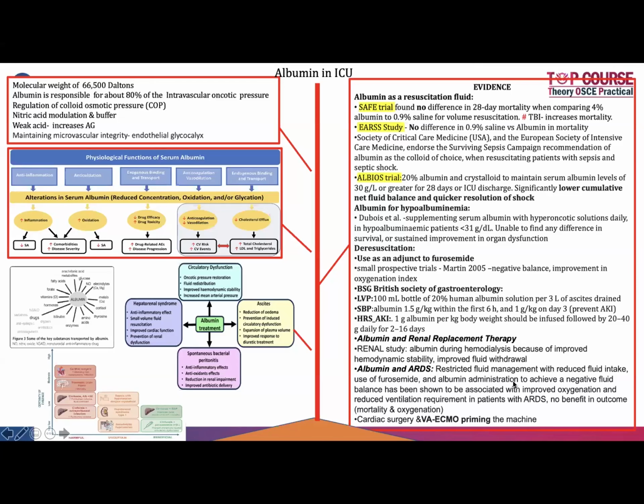So there's some benefit in terms of oxygenation and reduced ventilatory requirement, but ultimately there's no mortality difference or major difference in oxygenation. In cardiac surgery and VA ECMO, for priming of the circuit, yes, there is a role for albumin. So this is about the use of albumin in critical care settings.